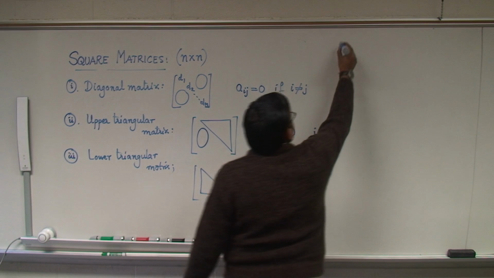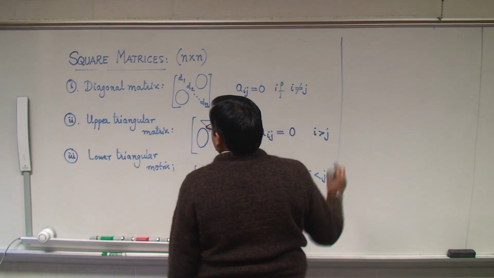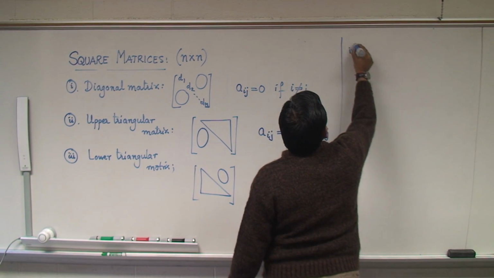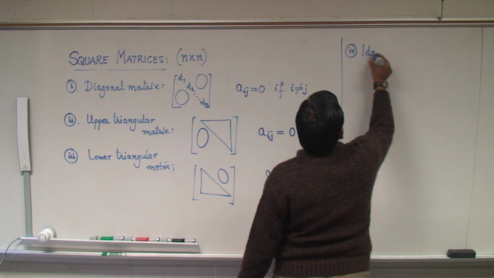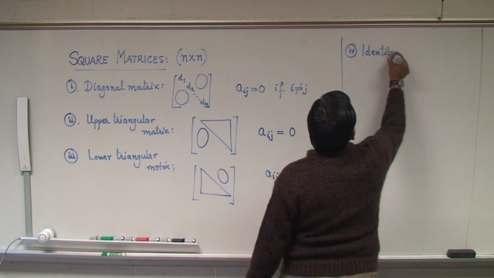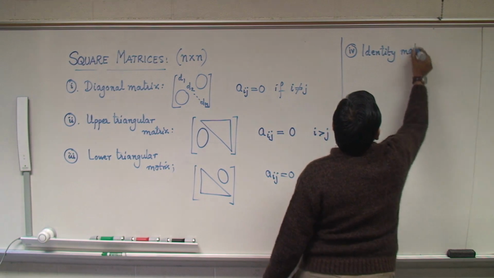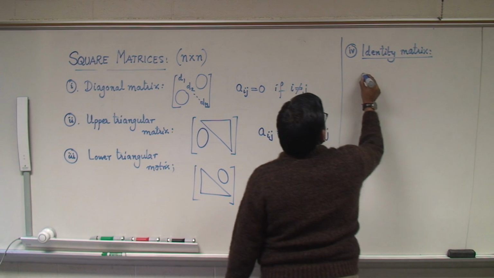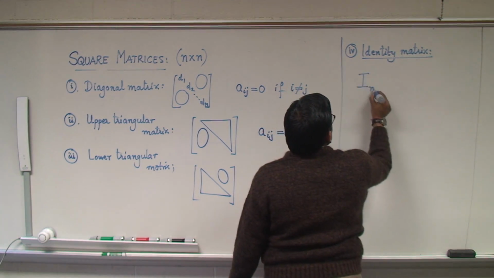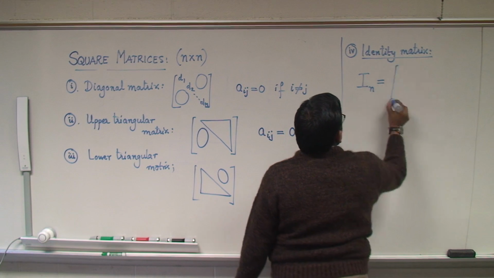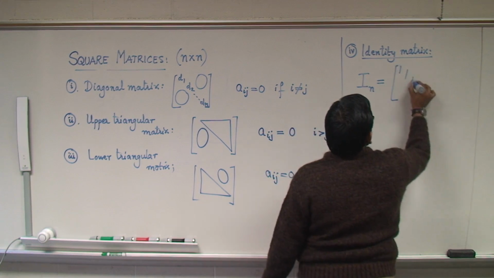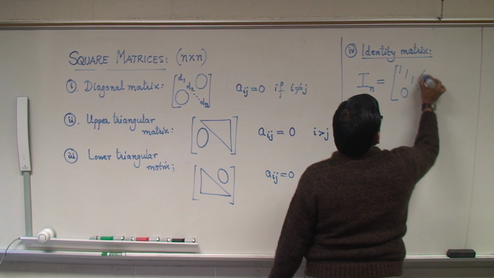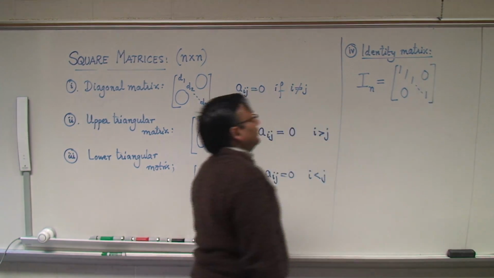There's one more matrix that we would like to talk about. This is the so-called identity matrix. This matrix has a very nice property. We generally refer to it as I sub n, and it has ones along the main diagonal and 0 everywhere else.